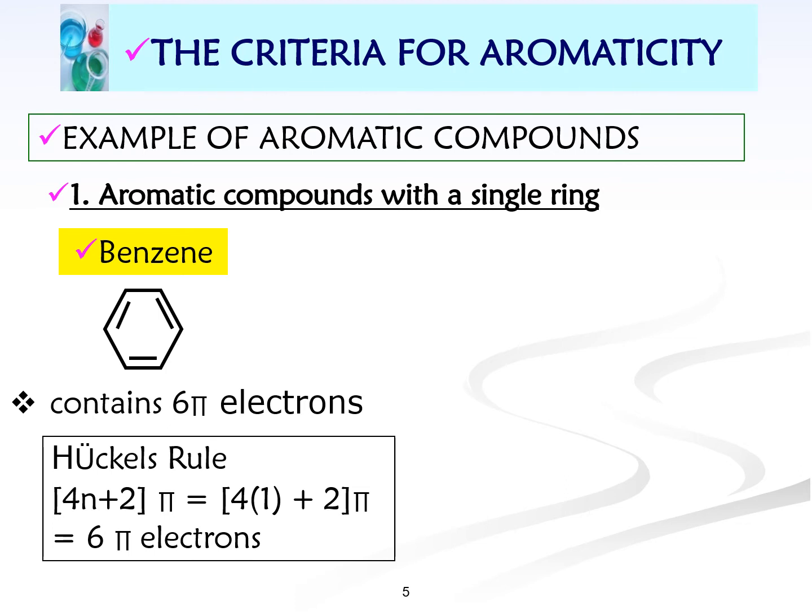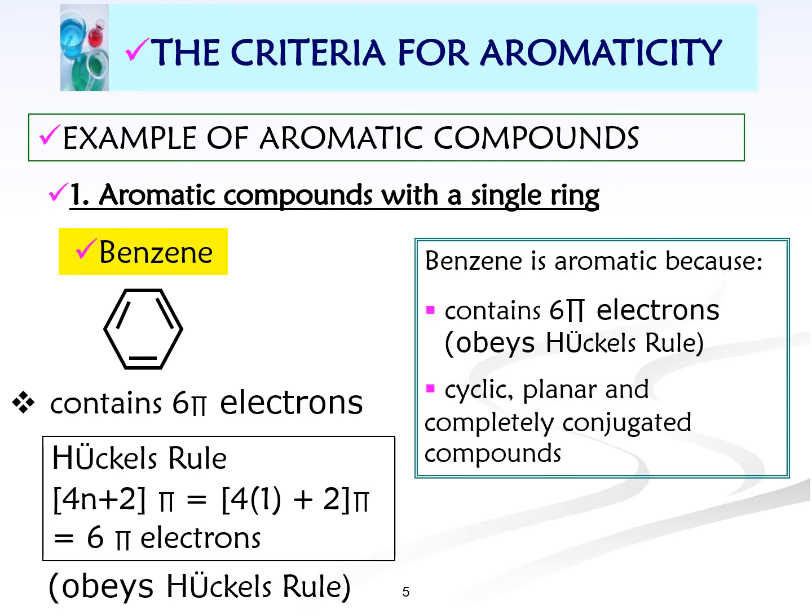For benzene, we find that n equals 1, which is a positive integer. The rule is met and it obeys Huckel's rule. Benzene is aromatic because it contains 6 pi electrons, obeys Huckel's rule, and is cyclic, planar, and completely conjugated.